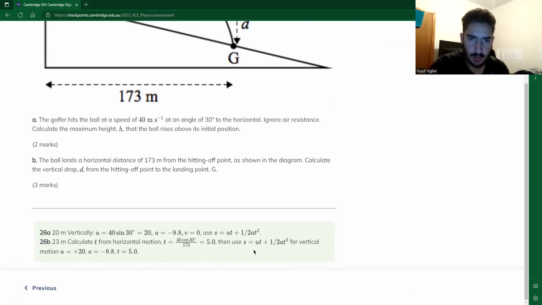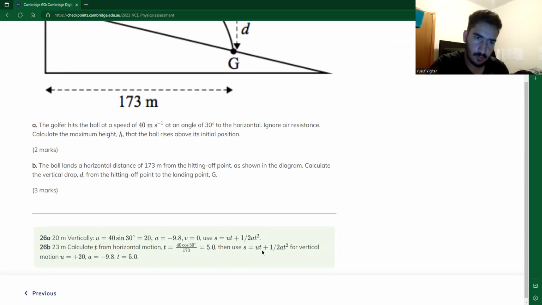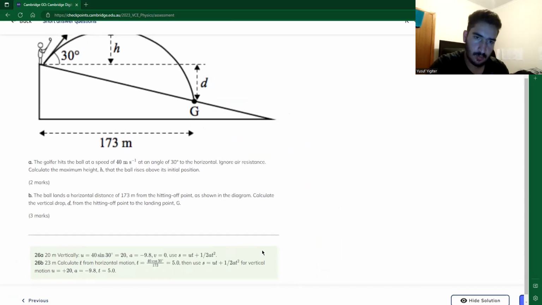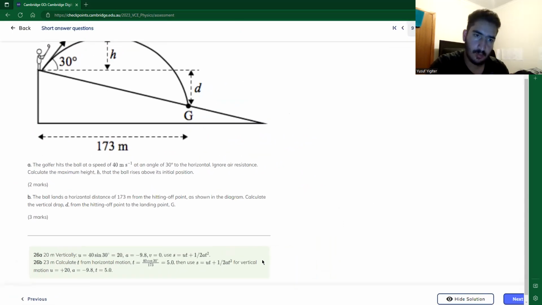Then use S equals, do you want to use that? Well, that's the total distance, isn't it? Wait, no, is it? I'm so confused. What was it looking for?